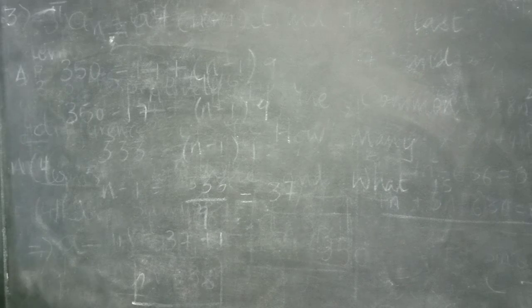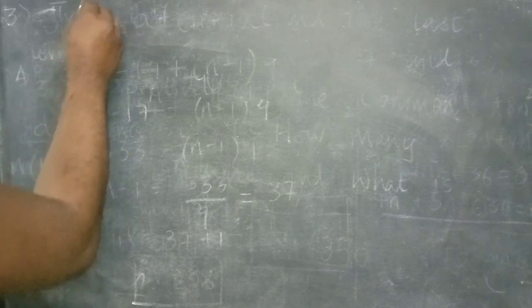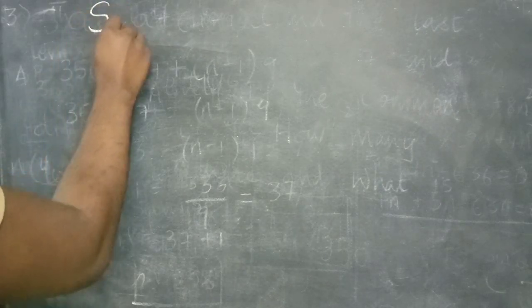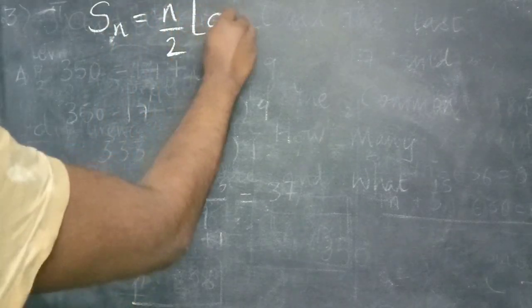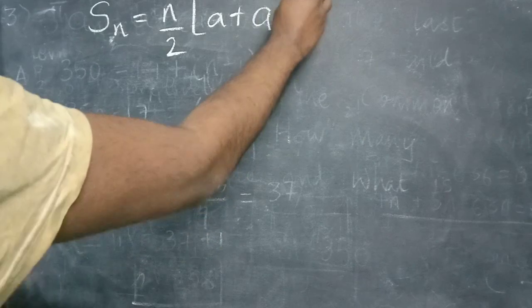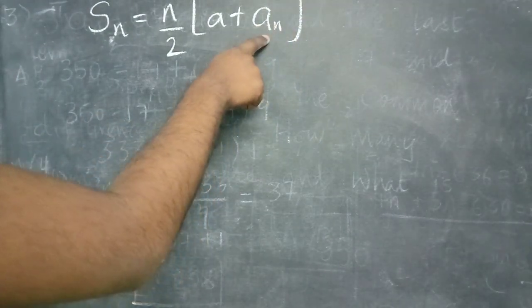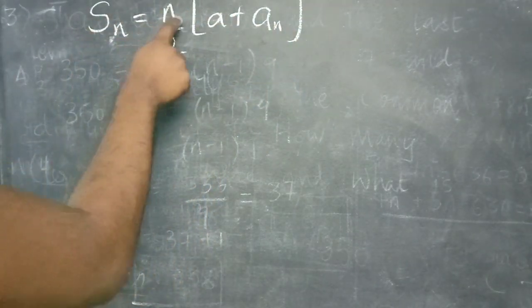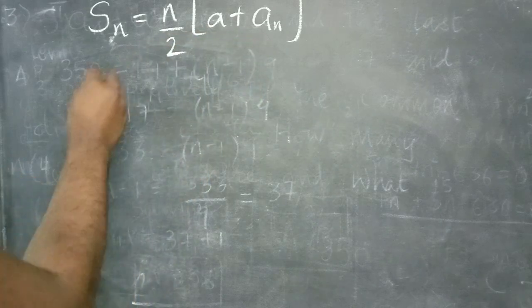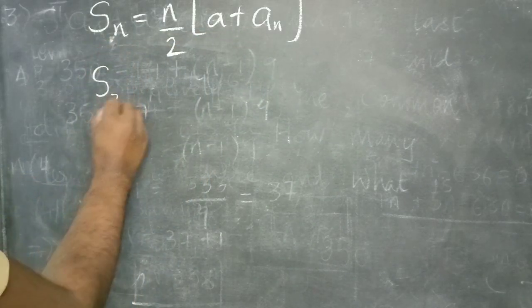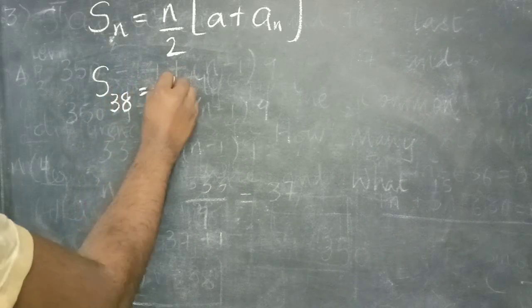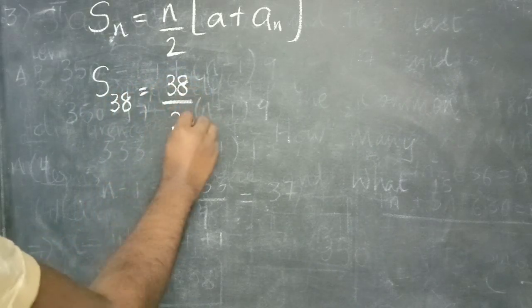Now the next step is finding the sum. To find the sum, I use the formula Sn equals n divided by 2 times a plus an. Since I have the value of the last term, I use this formula Sn equals n divided by 2 times a plus an. Now what is the value of n? N is 38. That is, the sum of 38 terms equals 38 divided by 2 times.